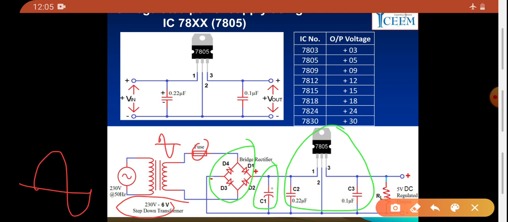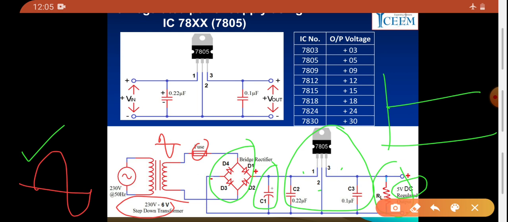Pin number 1 input, 2 ground, and 3 output, and this is the load across which you are getting 5 volt constant DC output voltage. So from this AC input voltage you will get a constant DC output voltage across the load. This is the complete circuit diagram of 7805.